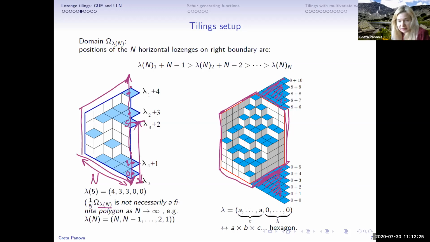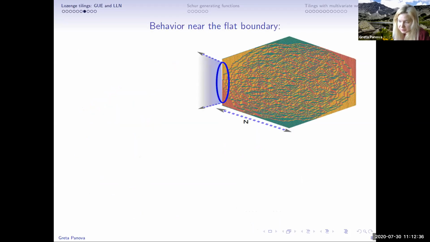Okay, so what kind of questions and results are we looking at here? Probably my favorite in this business is when we take a large lozenge tiling. This picture is generated by Leonid Petrov, by the way. And if, let's say, we zoom at the border, at the horizontal border.